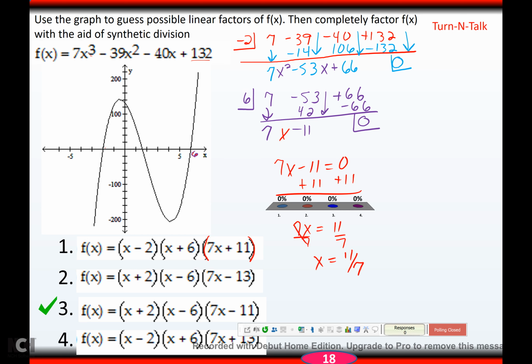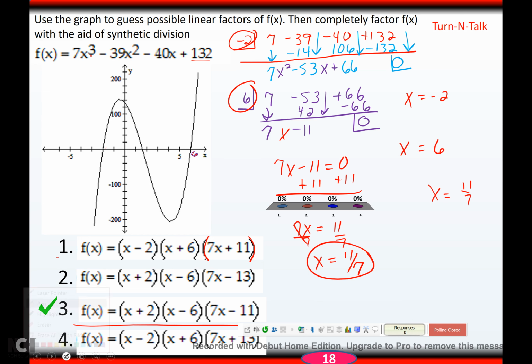Okay, so now let me show you how they end up with this answer. What I have figured out is that x equals -2, that x equals +6, and that x equals 11 sevenths, correct? What they want is, they didn't ask for the zeros.